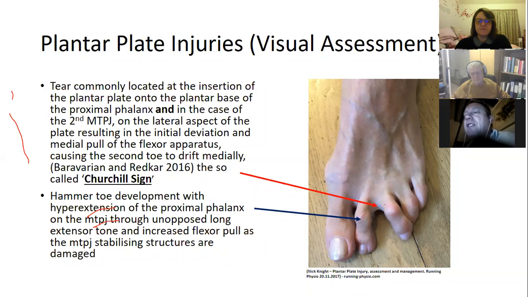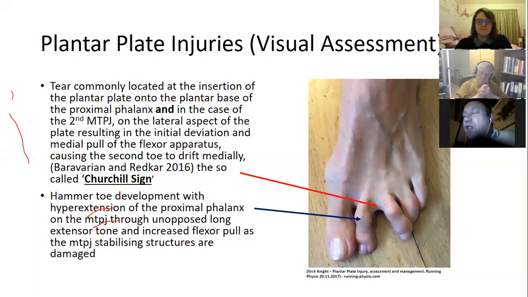The extensor tendon gets an advantage and it lifts that proximal phalanx. So the long extensor tendons, the extensor digitorum longus and brevis, are able to hyperextend the proximal phalanx on the metatarsophalangeal joint. Remember, the long extensors can't extend the toe fully when it's hyperextended at the metatarsophalangeal joint.